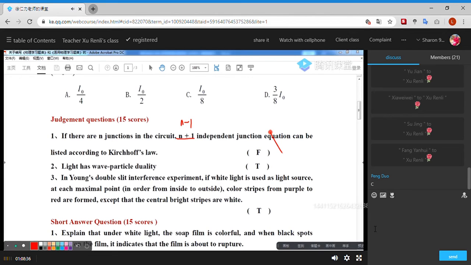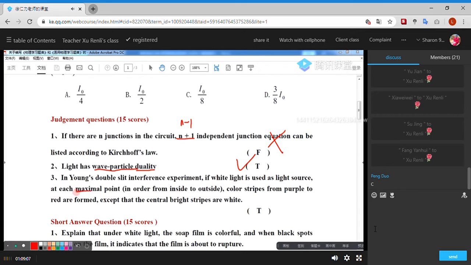So it's false. Light has wave-particle duality. Right. In Young's double-slit interference experiment, if white light is used as the light source, at each maximum point, in order from inside to outside.